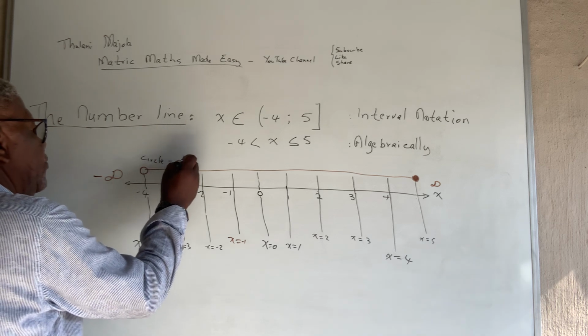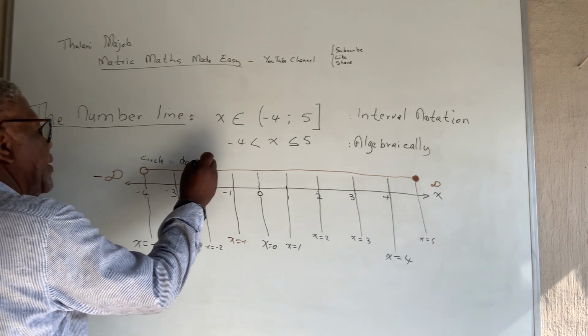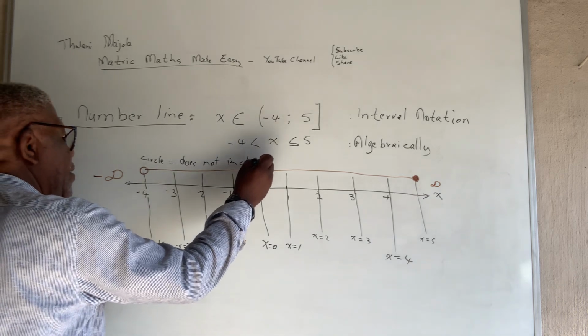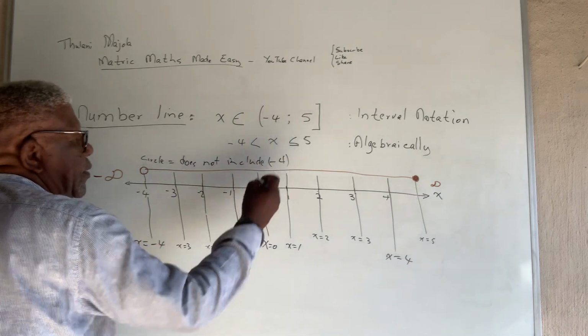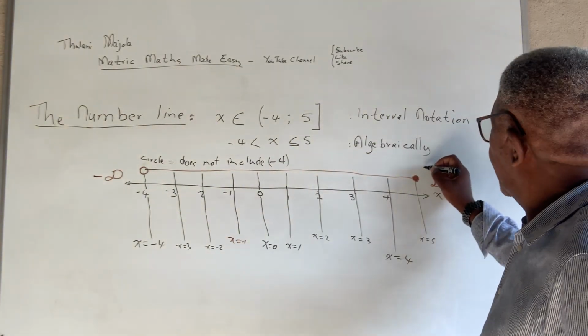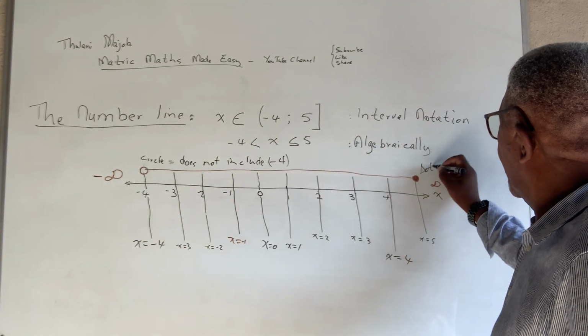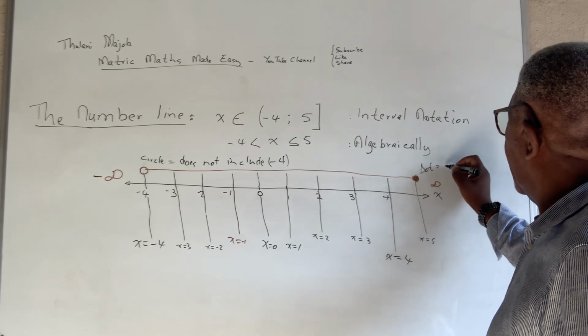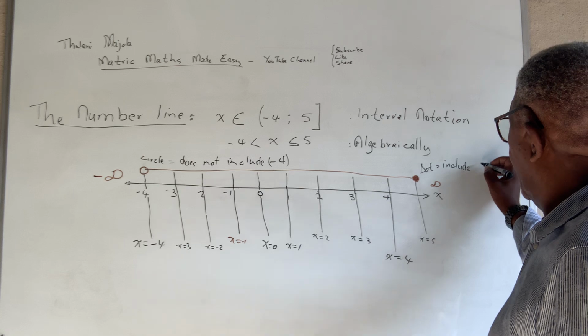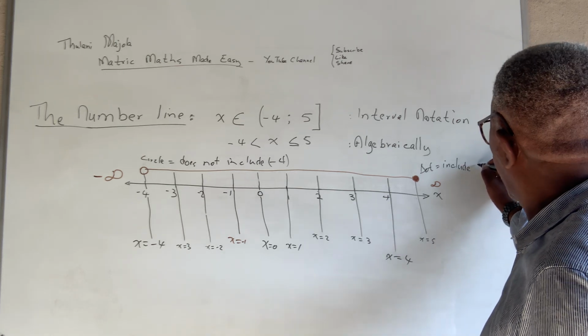You just write here, this is a circle, it means it does not include -4. And the dot means it includes 5.